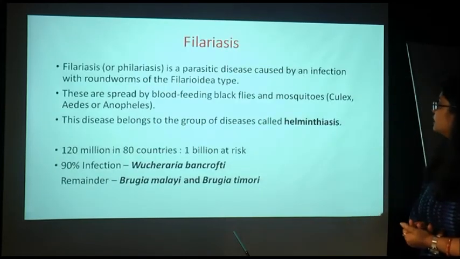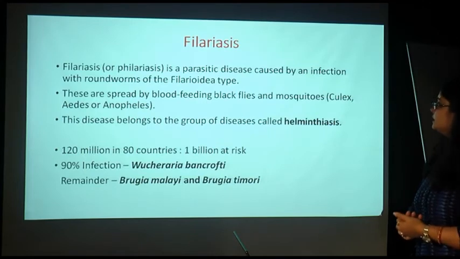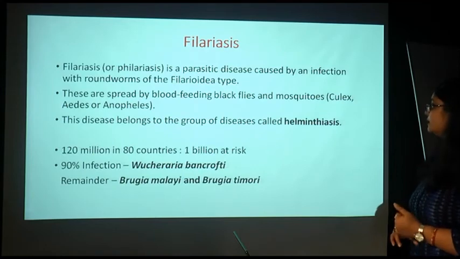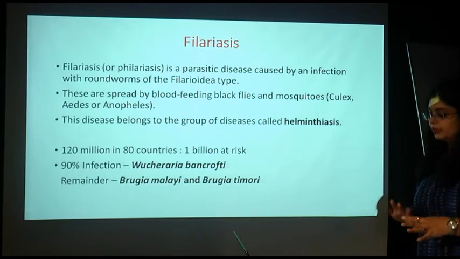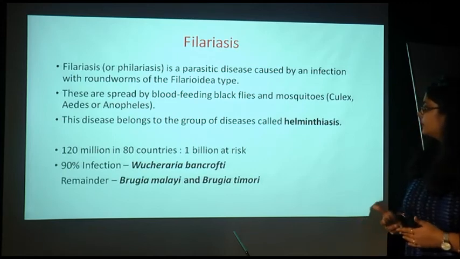Now next comes filariasis. Filariasis is a parasitic disease caused by roundworms. These are spread by black flies and mosquitoes, specifically the Culex, Aedes and Anopheles mosquitoes. 90% of all the infection is caused by Wuchereria bancrofti.